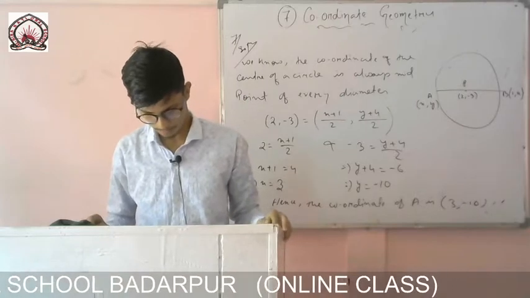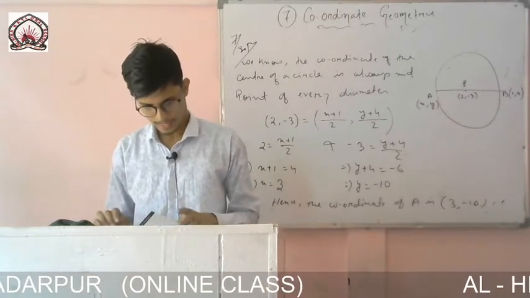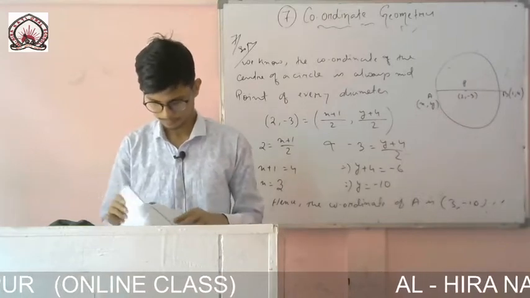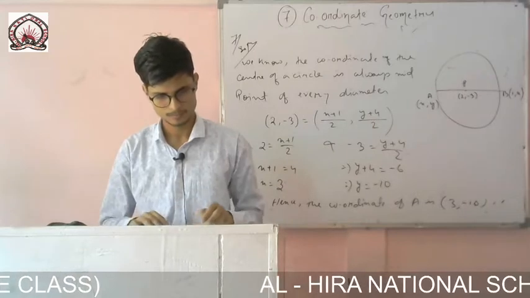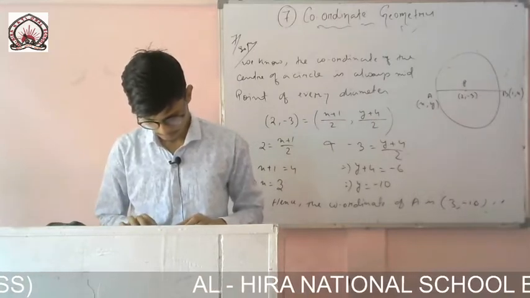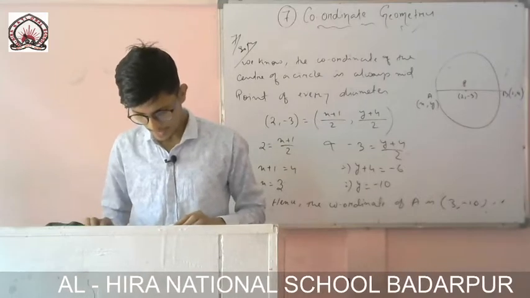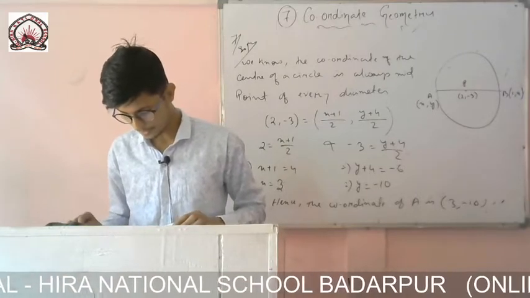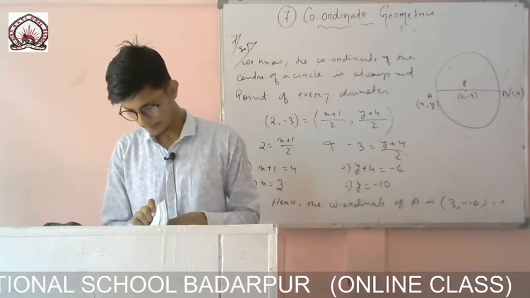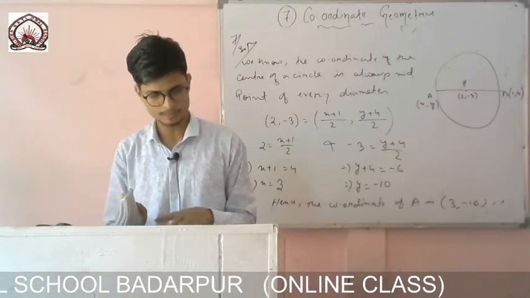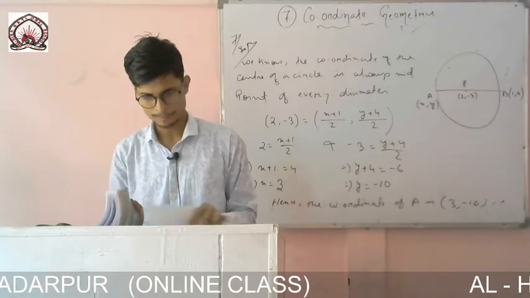So now question number 8. If A and B are given, find the coordinate of P such that AP equals 3 by 7 AB and P lies on the line segment AB.